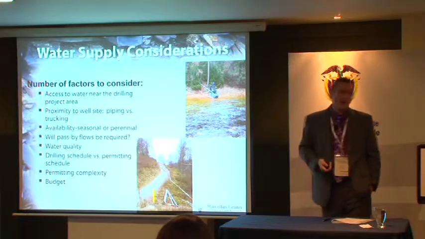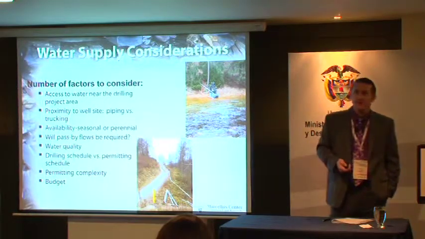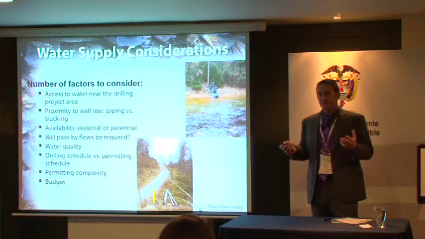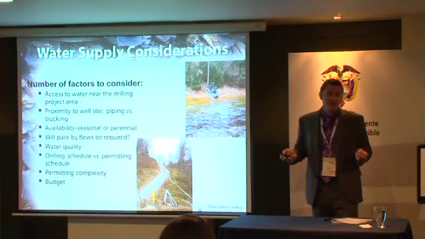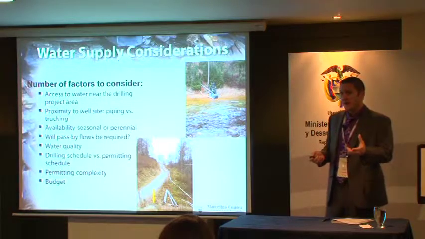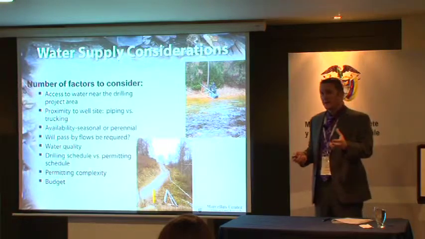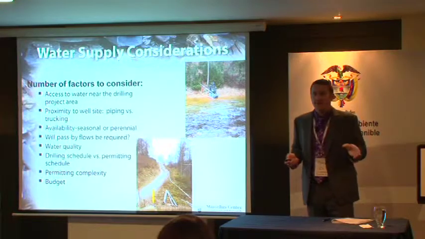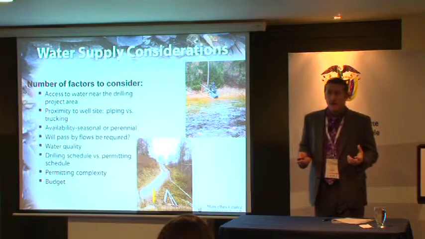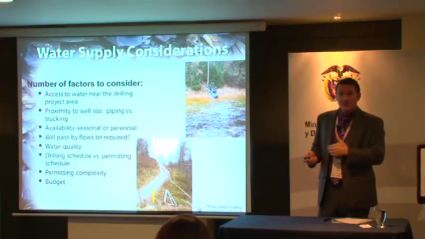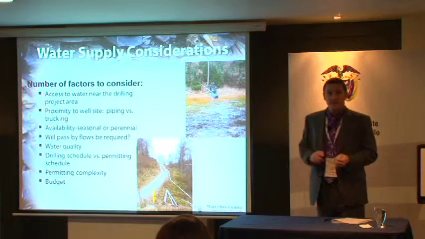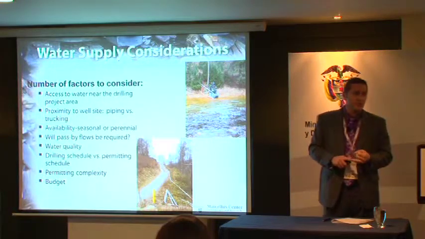The quality of the water needs to be considered. Oftentimes a stream or a river of average water quality is going to be sufficient for the use of hydraulic fracturing, but in many parts of the U.S. where we've had historic mining practices, especially coal mining, the water in the stream or river might have elevated levels of metals like iron or aluminum.